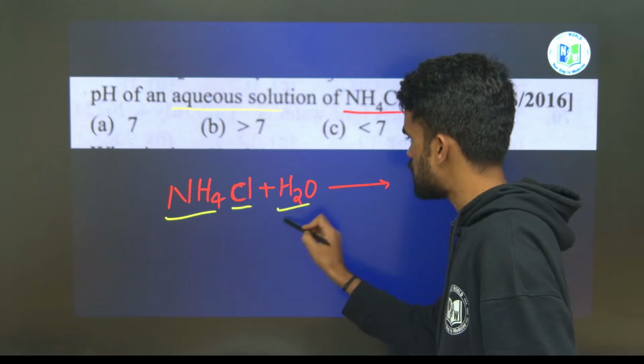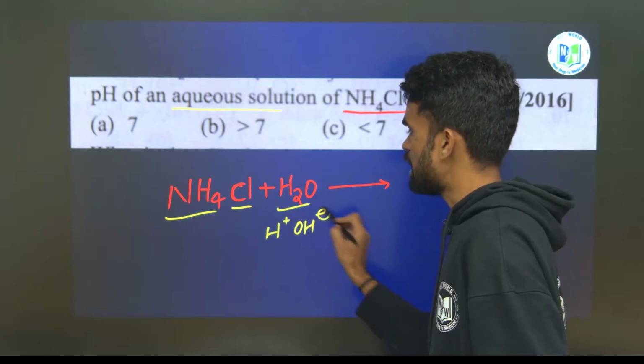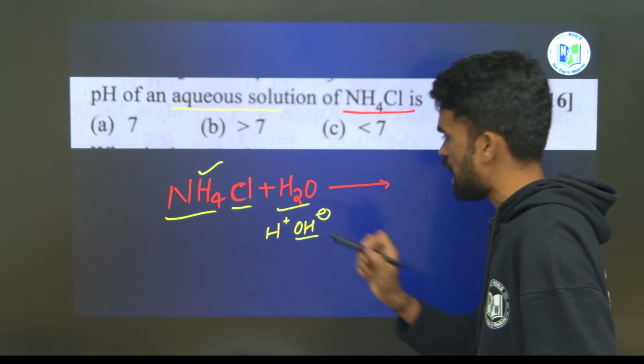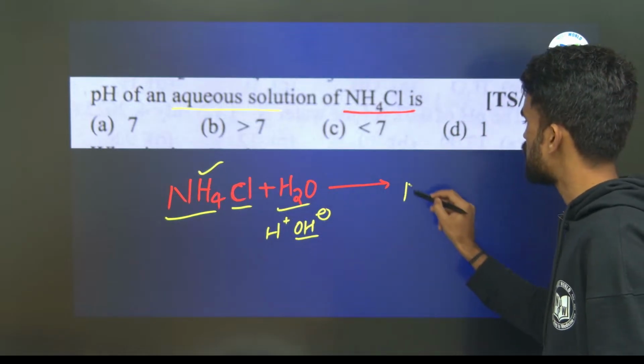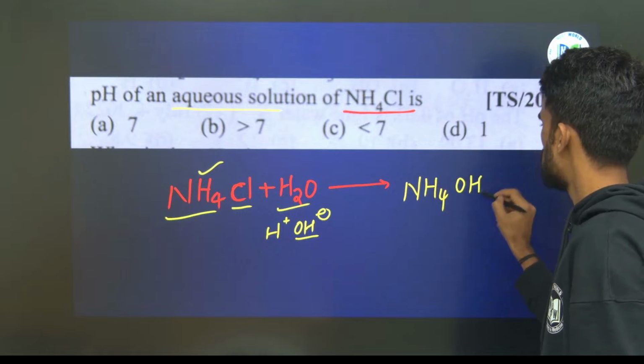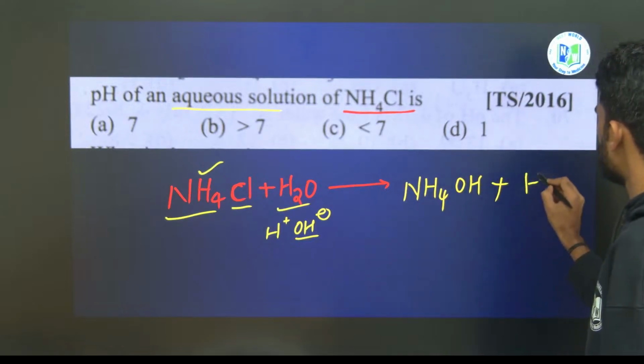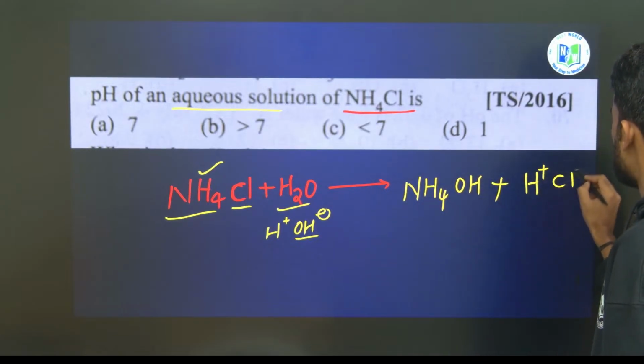Water also gives H plus and OH minus ions. So the cationic part will pair up with the anionic part of water. So take NH4 plus OH minus, and here Cl minus H plus. So we are going to get H plus and Cl minus.